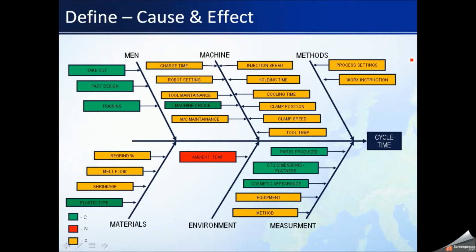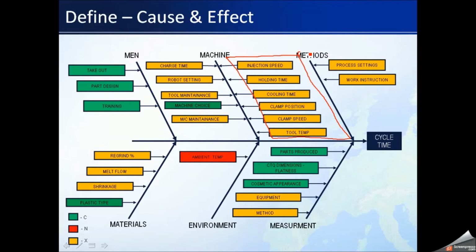The first thing they have to do in order to interrogate the machine and find best settings, because here is where we need to find best settings, are things like injection speed, holding time, cooling time, tool temperatures, all of those kinds of fine settings.